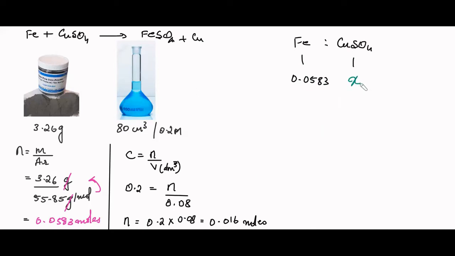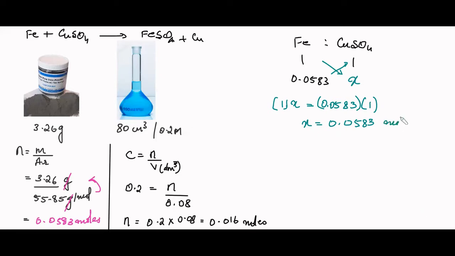Let's assume the required copper sulfate is X. Cross multiplying, 1 times X equals 0.0583 times 1, so X equals 0.0583. This means if I have 0.0583 moles of iron, I'll require exactly the same quantity of copper sulfate.